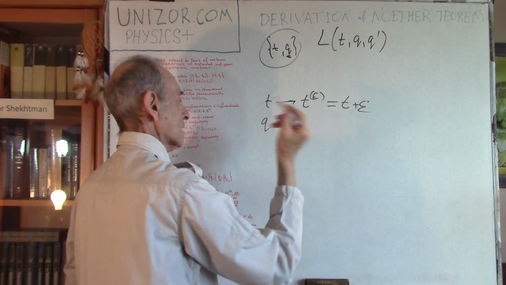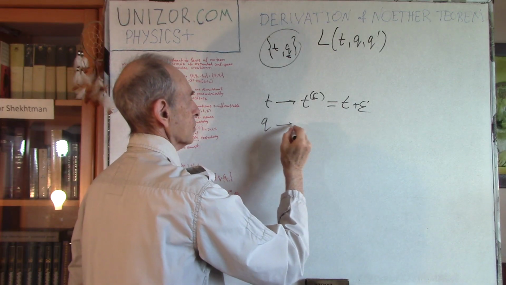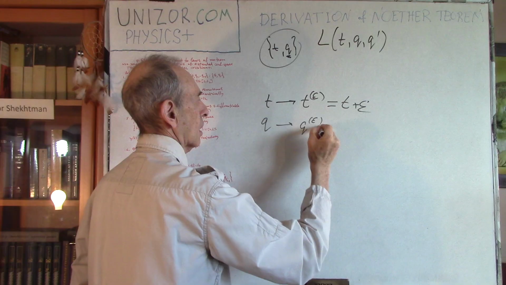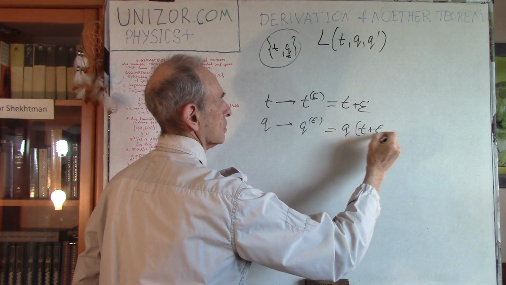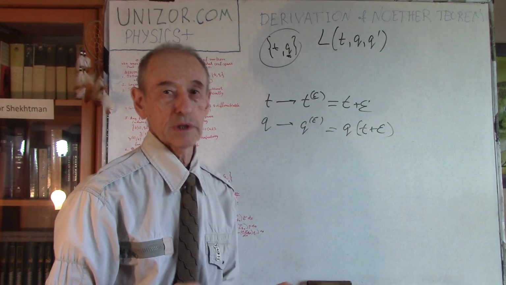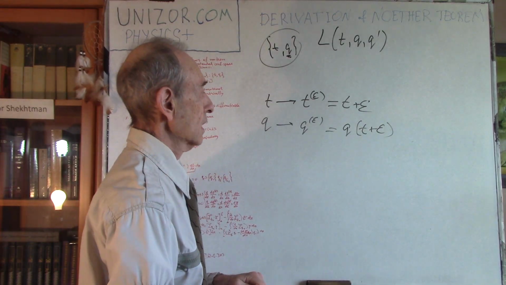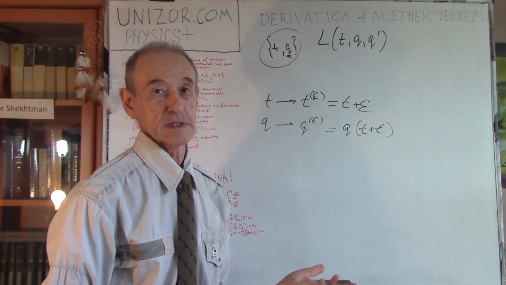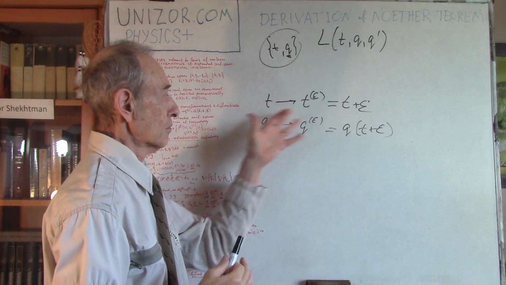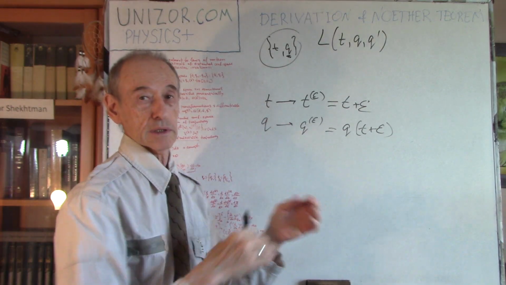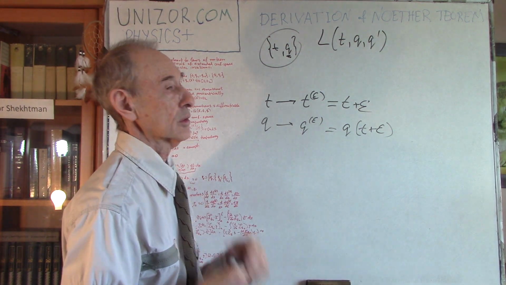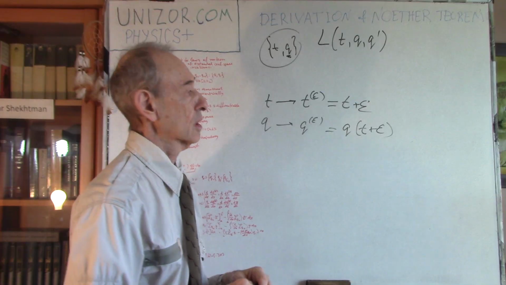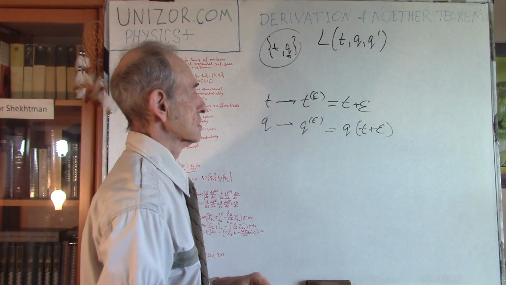And coordinate, let's say it's only one coordinate, is also changing to some kind of a coordinate. If you would like to have dependency on time, then it would be this type. So this is a motion along a trajectory. You're just shifting the function q, which is basically given to you. You can do it this way.